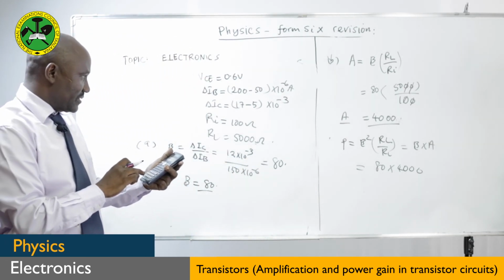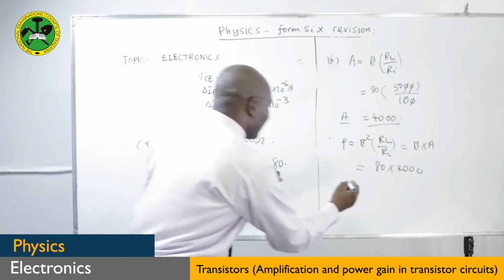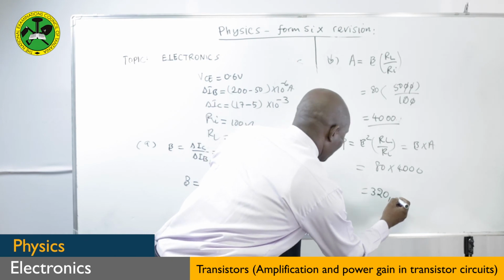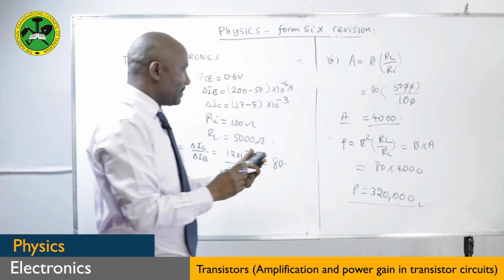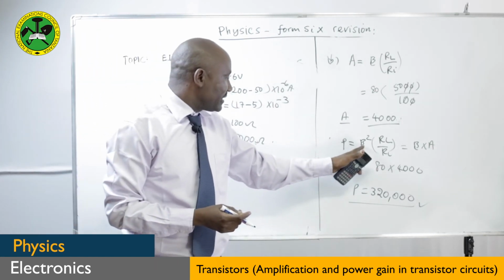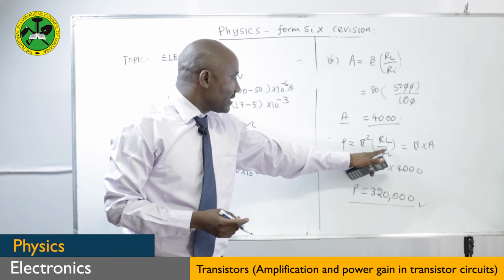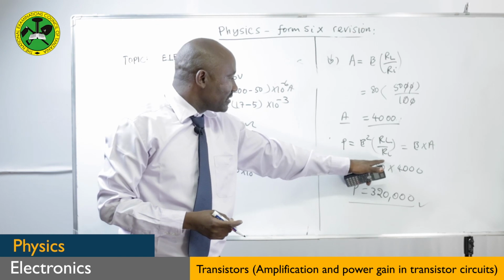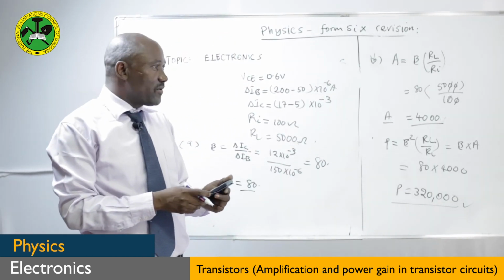You get 320,000. This is the power gain. You can use the same principle: beta squared, current gain squared, times the ratio of the output resistance over the input resistance, to get a value of 320,000 as the power gain.